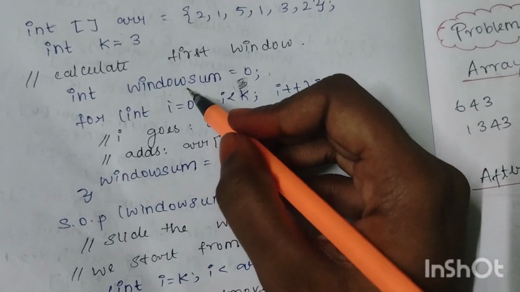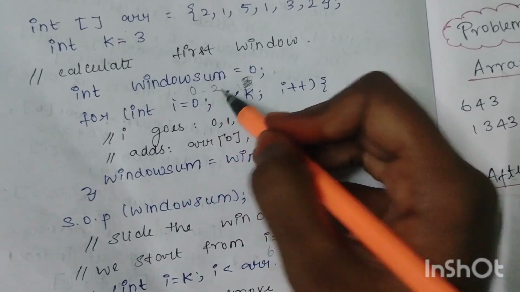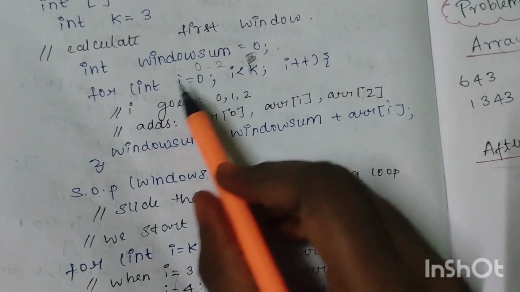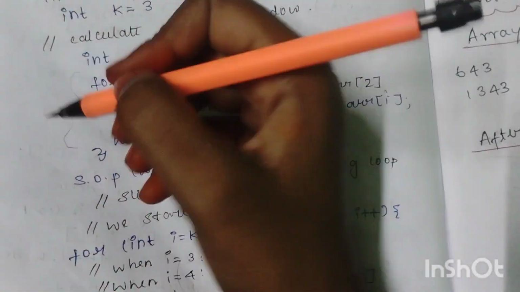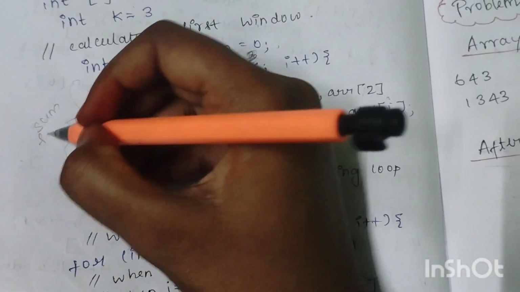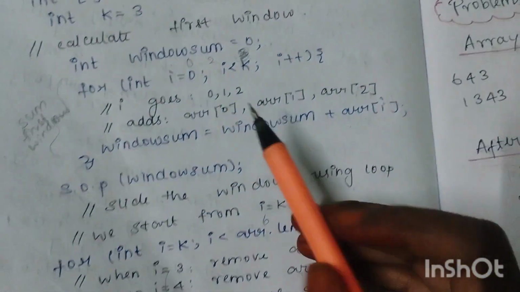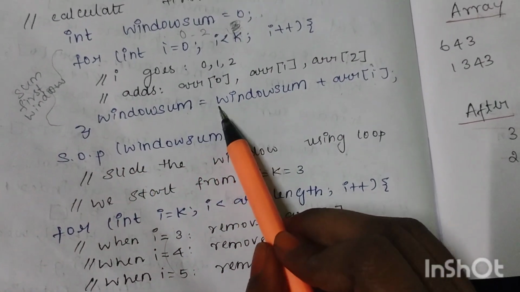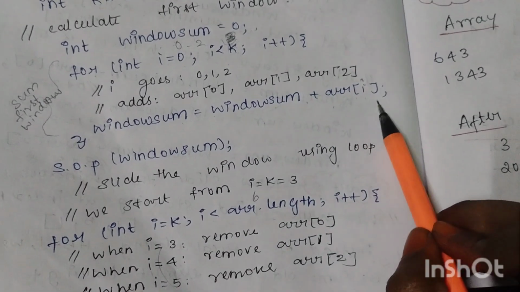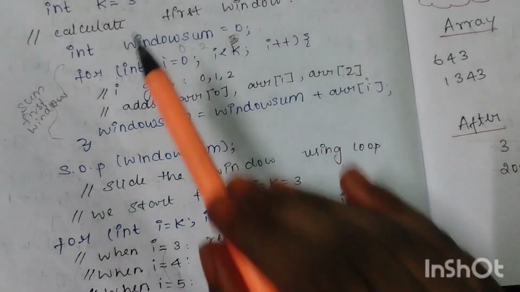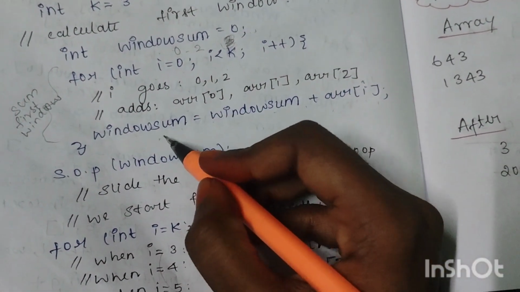So the loop will run from 0 to 2. In this loop I am going to find the sum of the first window, so window sum is equal to window sum plus array of i. So at the end of the loop I will get window sum as 8.